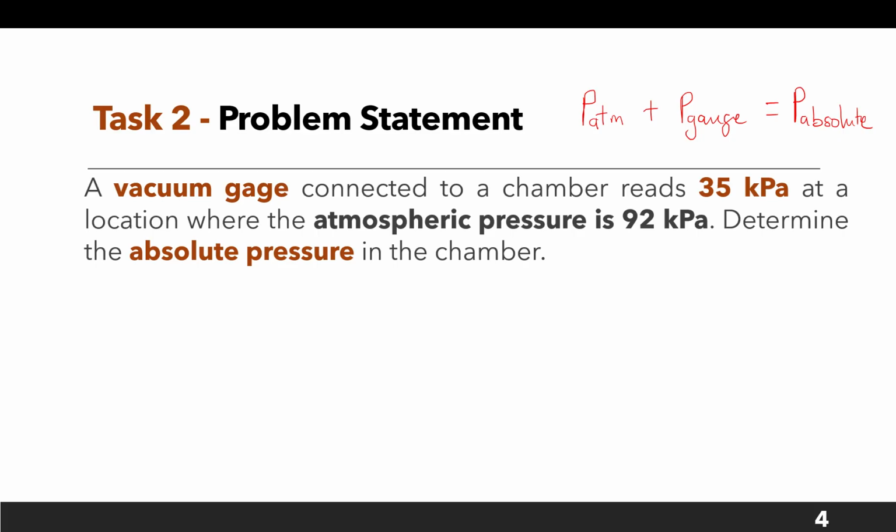So at that point, your equation becomes P atmospheric plus a certain negative pressure must be equal to the absolute pressure. You get the idea? For this particular task, they gave us something simple. If we bring out the formulation, we know that P atmospheric plus P gauge should give us P absolute.